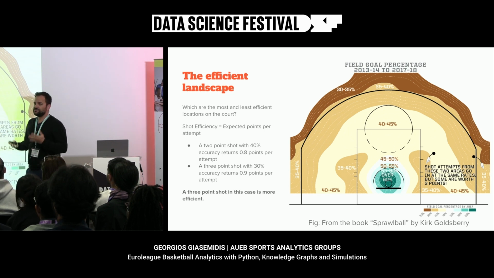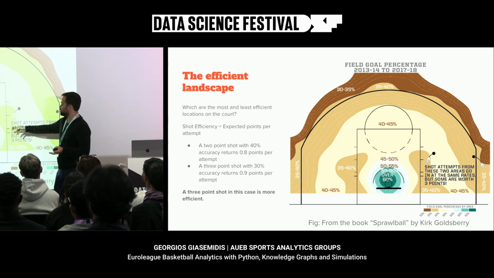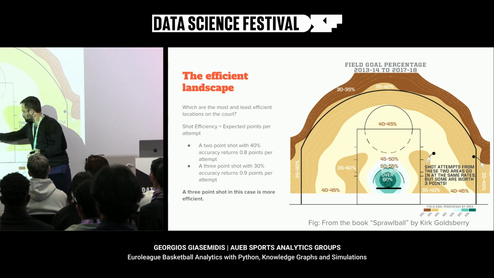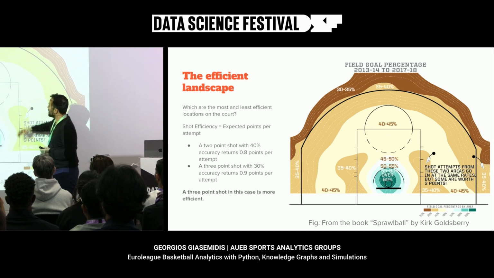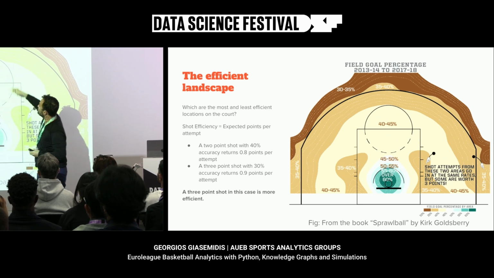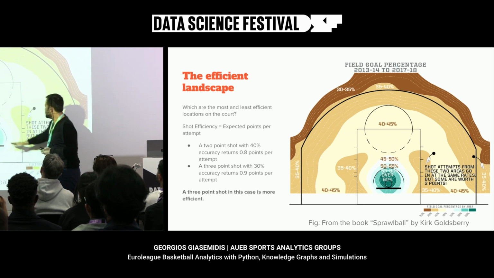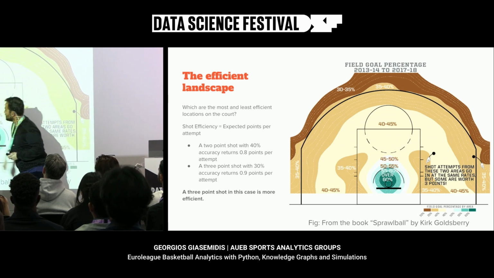As you can imagine, there are no surprises here. If you shoot close to the basket, your accuracy is over 60%. As you move away from the basket, it drops gradually to 45, 40, 35, 30, and similarly in this direction, with some exceptions in these spots.